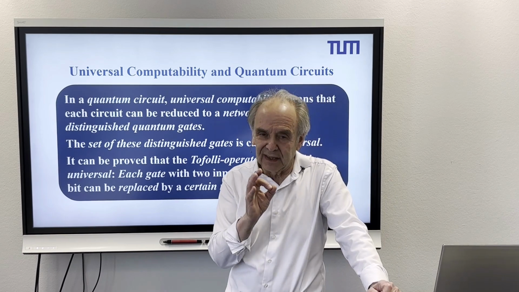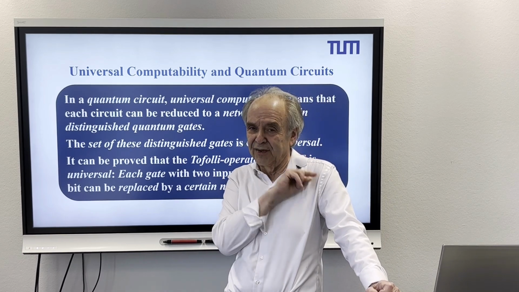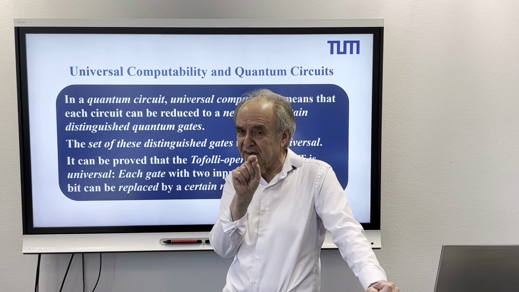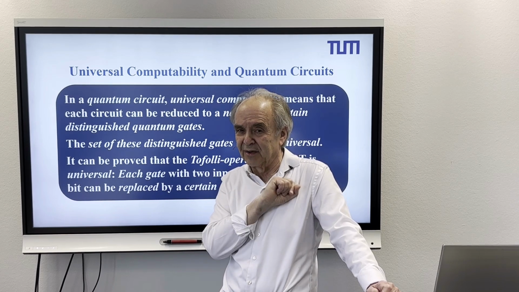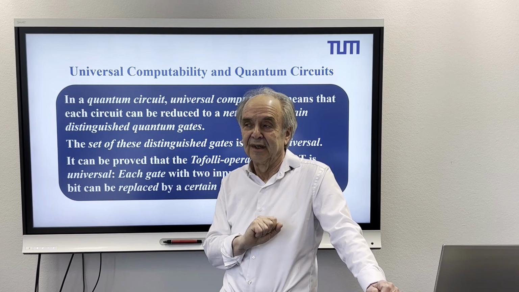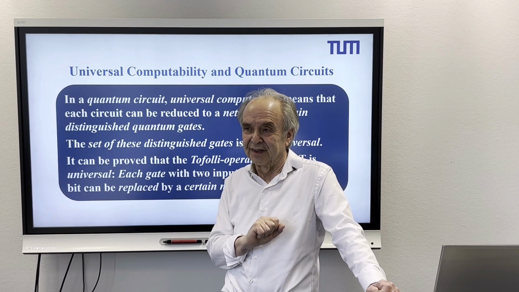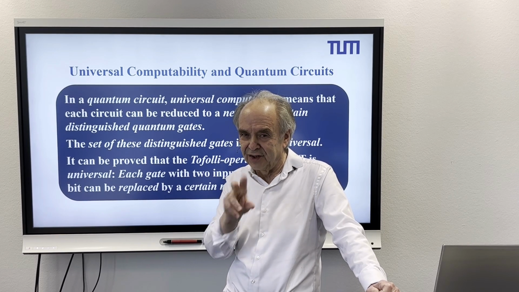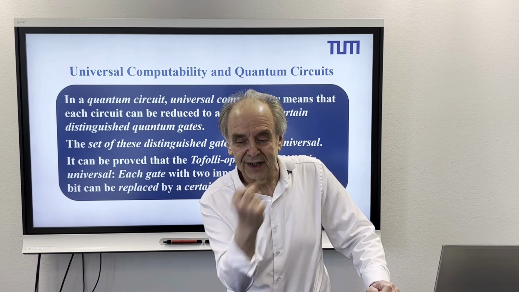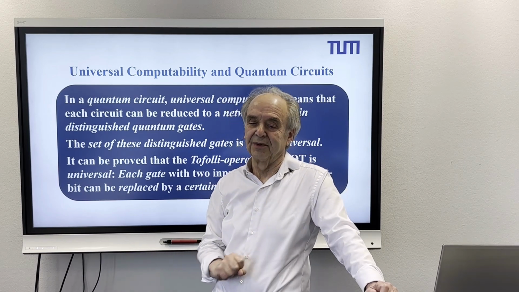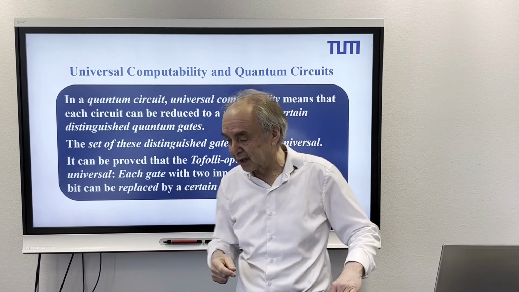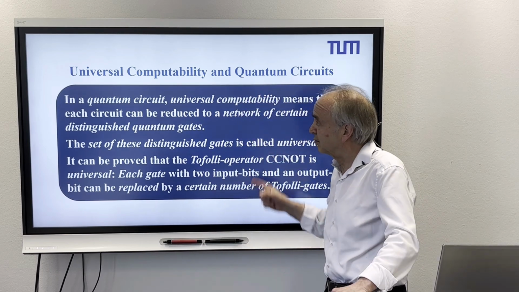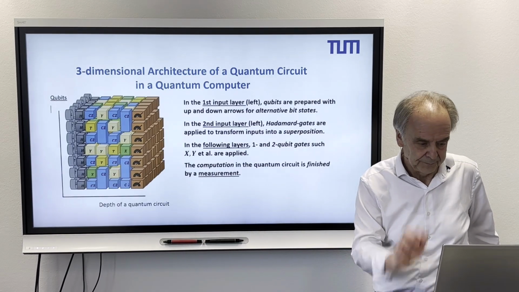And that has practical consequences. The Toffoli operator is crucial for the technical construction of quantum computers, because with a skillful combination, if you have a technical realization of the Toffoli operator, you can construct all these other possible circuits.